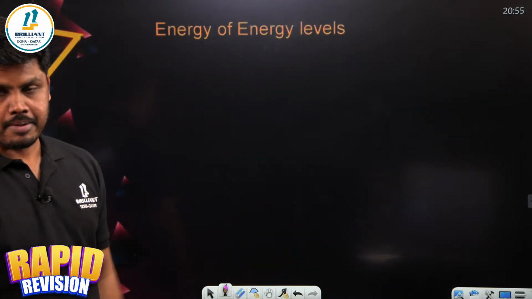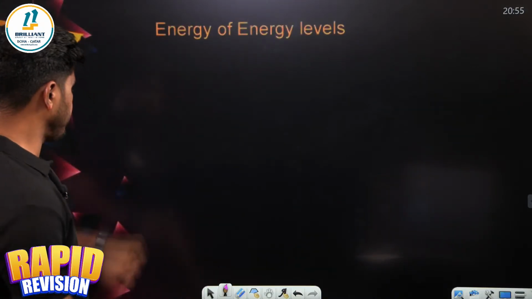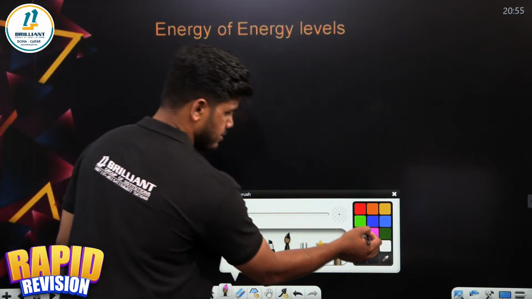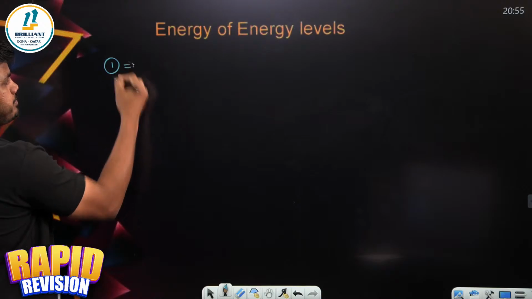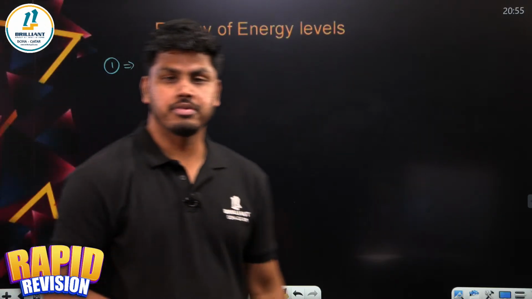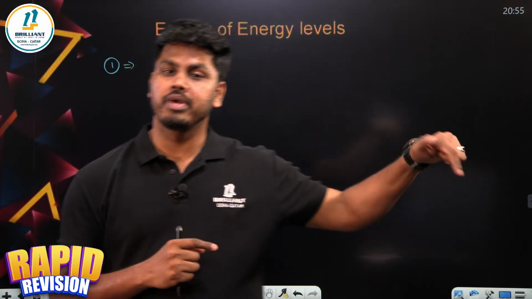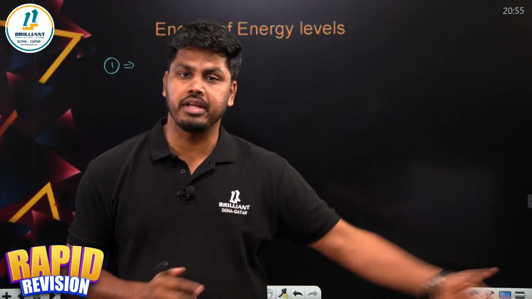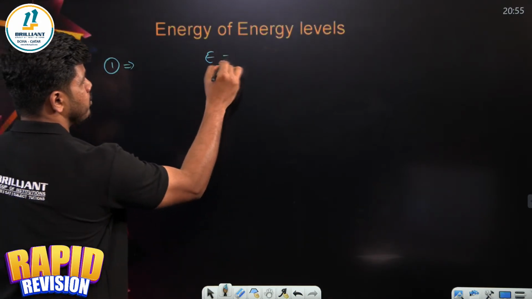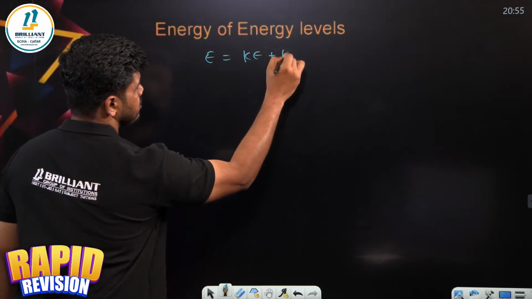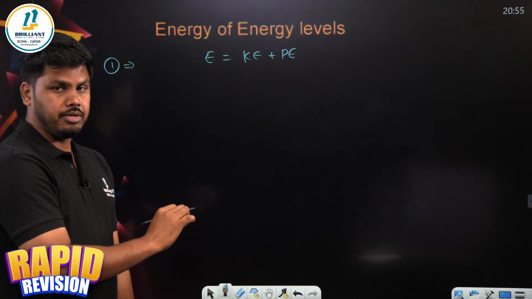Energy of energy levels. How will you find out energy of energy levels? See, we have again the first postulate. This long answer question will be sometimes like derive expression for kinetic energy and potential energy of an electron revolving in an orbit, and hence obtain energy level, I mean energy of any energy level. So energy of any energy level is actually sum of kinetic and potential energy of the electron revolving in it, that we know.